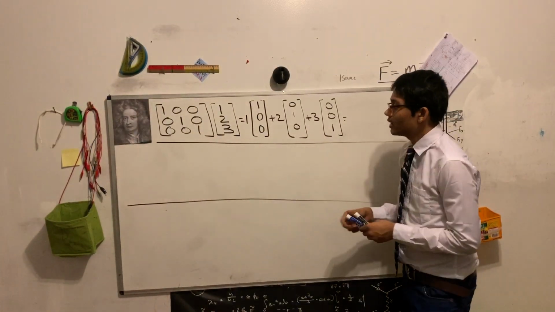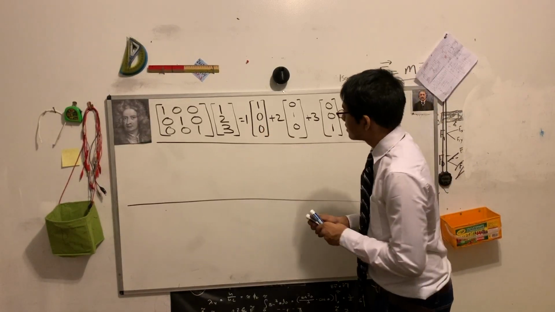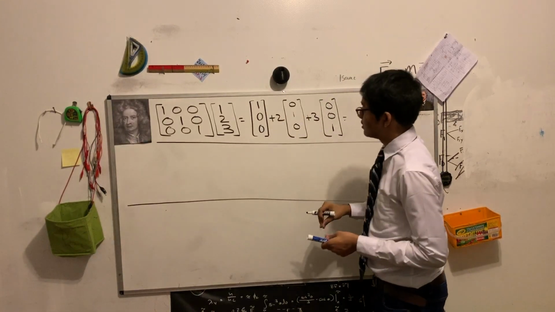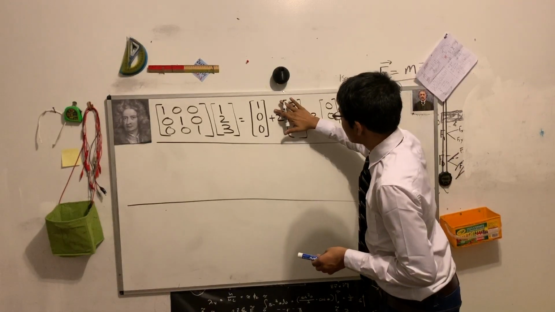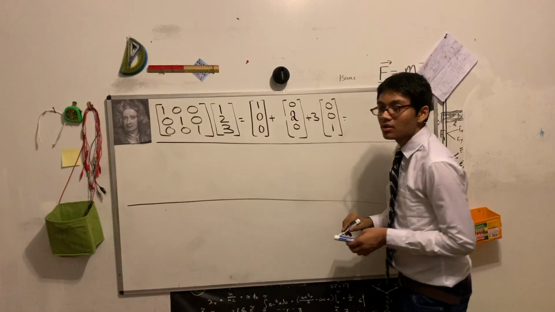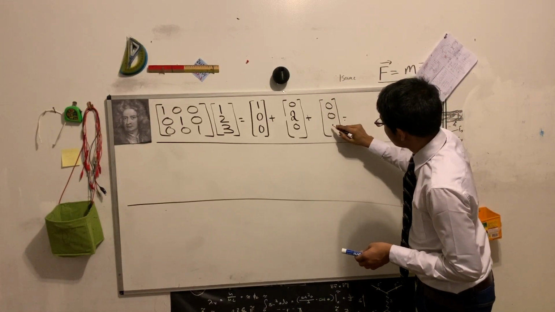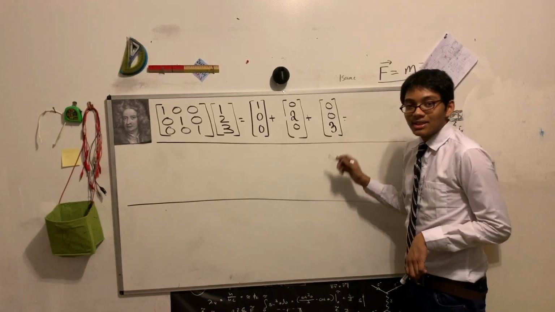So can we multiply this scalar by this vector? Yes. So 1 times any vector is that vector. What about 2 times this vector? The middle one will become 2. The last one will become 3. Well, can we add these 3 vectors?